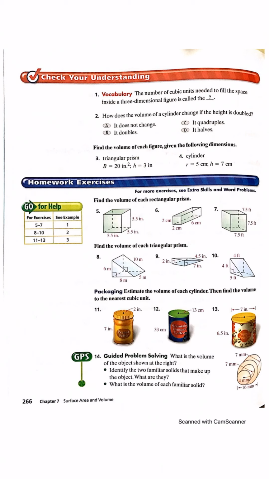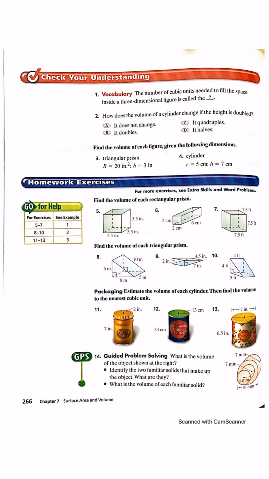So to wrap things up, what is volume for a three-dimensional figure? It's the number of cubic units needed to fill the space inside the figure. How do you find the volume of a rectangle? Use volume equals length times width times height and write it with the units cubed. How do you find the volume of a cylinder?